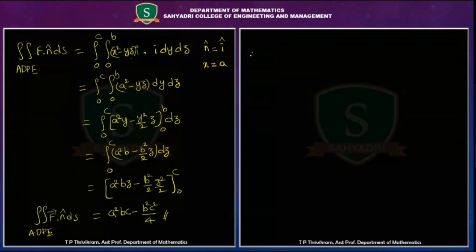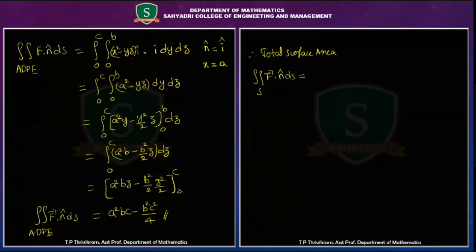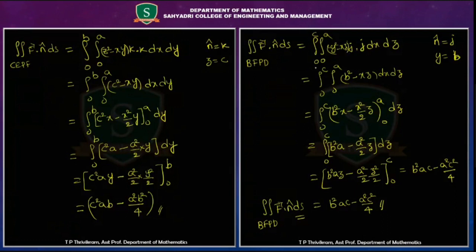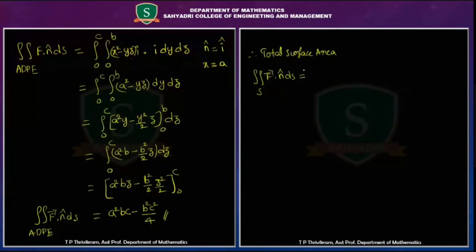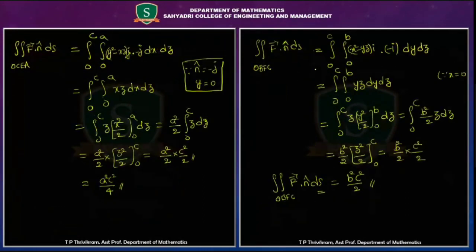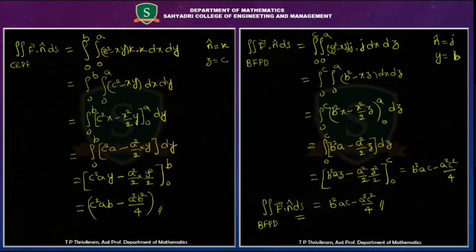Okay. So therefore the total surface integral along the surface S, f dot n cap ds, is equal to, you have to add all the surfaces. So add all the surfaces. First surface you got as a square b square by 4. Next surface, a square c square by 4.